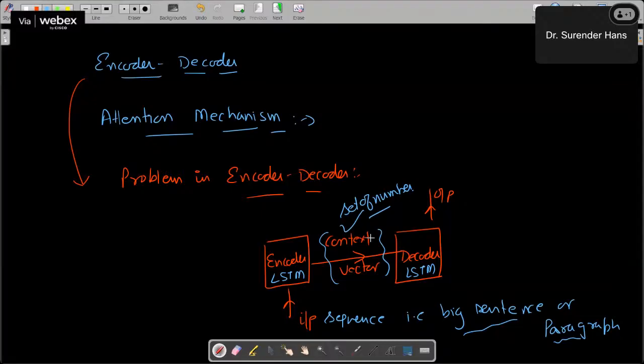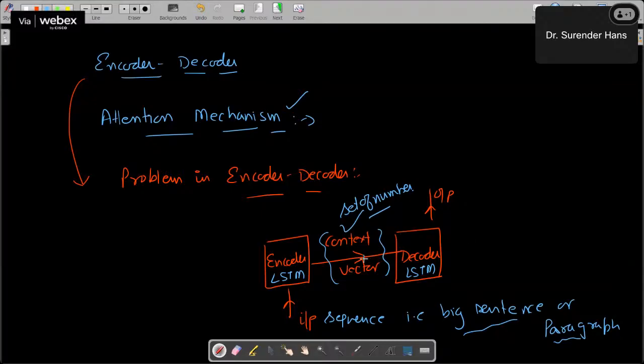Because the vector is heavily loaded, the decoder was also not able to generate the words correctly. So a mechanism was developed, which we call the attention mechanism. Clear?